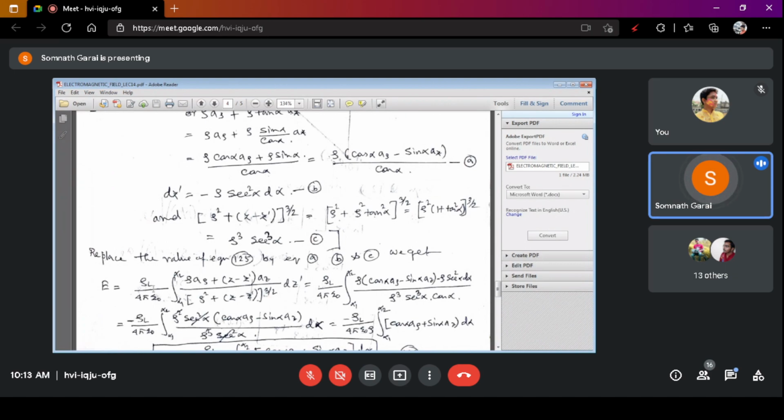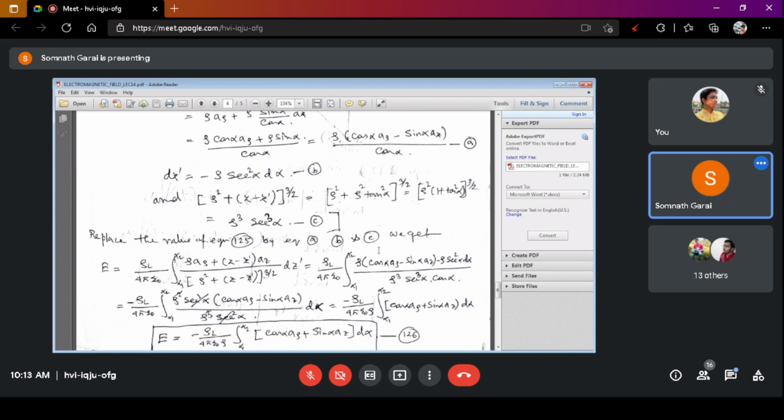Then we replace in equation number 1.15, this equation, by equations A, B, C. So equation number 1.15 is E equal to rho L divided by 4 pi epsilon naught, integration over alpha from alpha 1 to alpha 2, of (rho a rho plus (z minus z dot) az) dz dot divided by (rho square plus (z minus z dot) square) whole to the power 3 by 2.